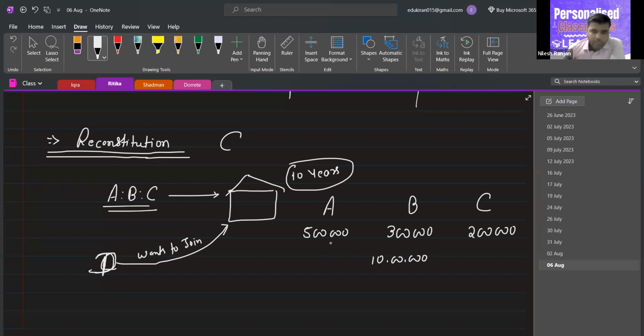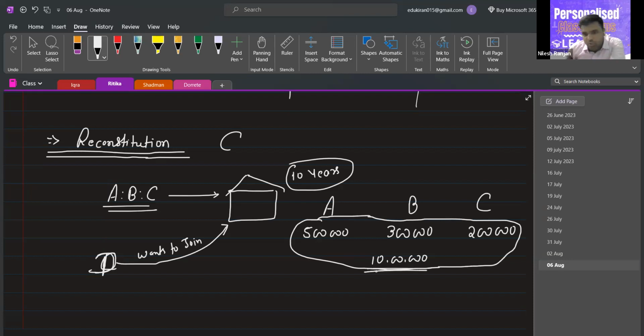Okay, but this is their starting capital. They have invested this total amount in the beginning. Now, can you tell me, will the total investment in the business, or the total assets, remain the same, or will it increase over the years?